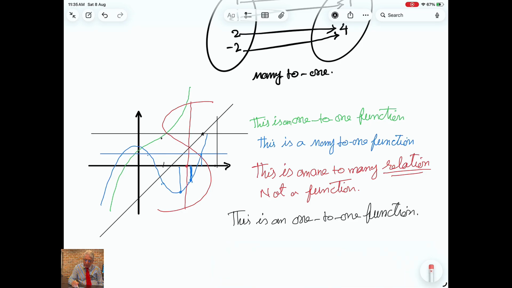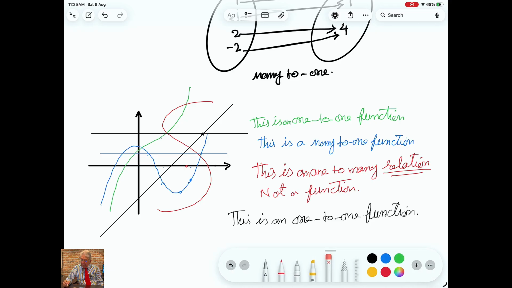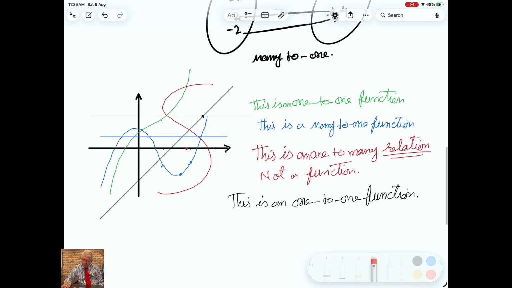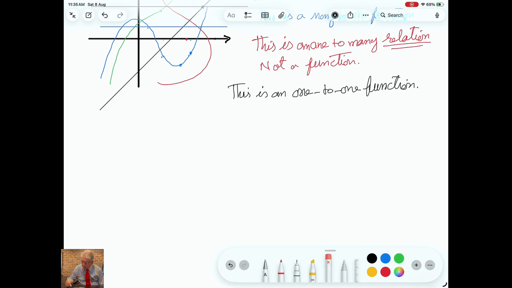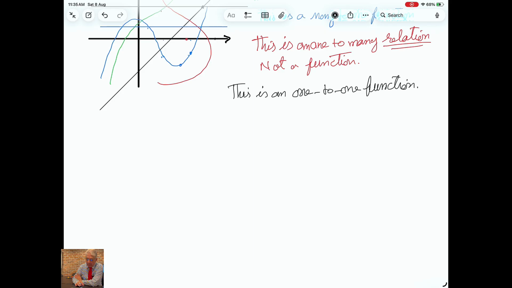I will remove some of these lines so that it won't be so much, so we can see everything more clearly. All right. Now, one example.